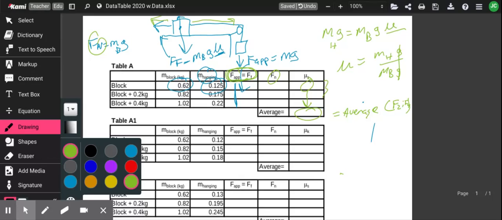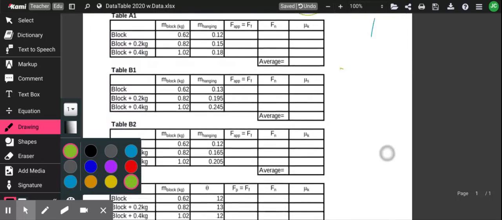The equation for the cell at the top would be something like, if this is A, this is B, C, D, E, F, for mu-s, it would be the hanging mass, which was C2, divided by B2. For the normal force, it would be something like the mass of the block, so B2 times 9.8. And you just put these in and then autofill them down. And so those equations will get you the values for these tables.